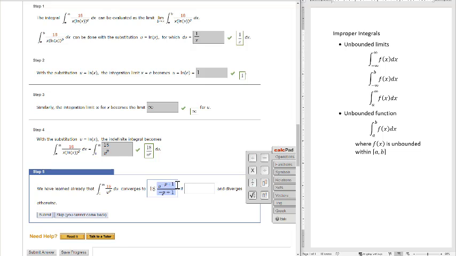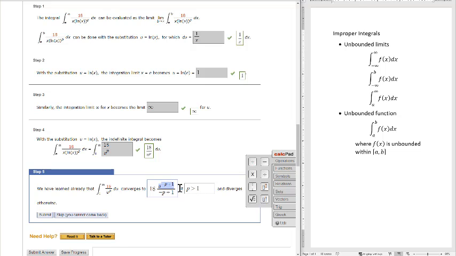If you let b go off to infinity, this thing is going to go to 0 for some special values of p. If p is bigger than 1, then this exponent is negative, which means it's in the denominator. And if you let the denominator go off to infinity, this thing goes to 0, so it approaches a particular value.